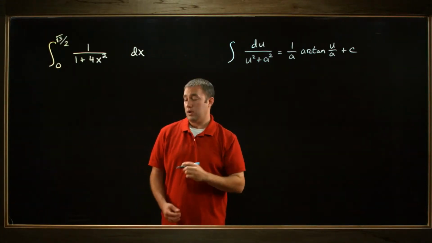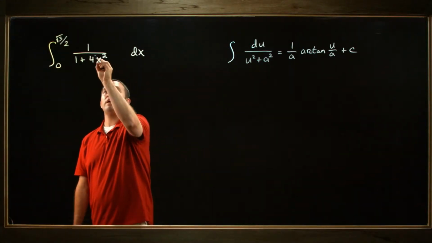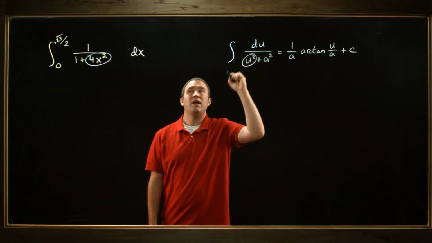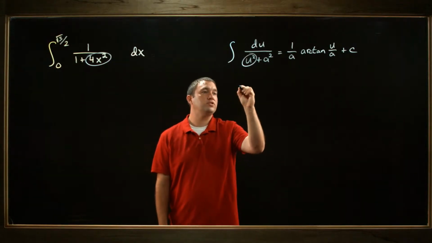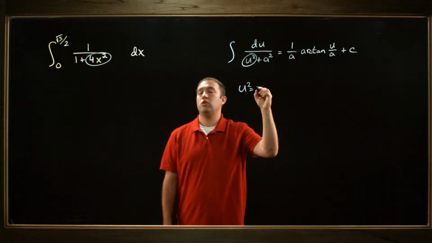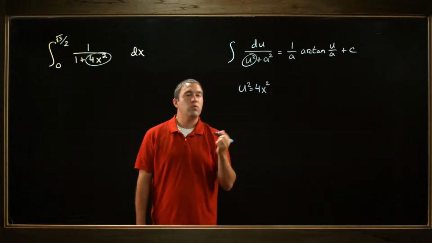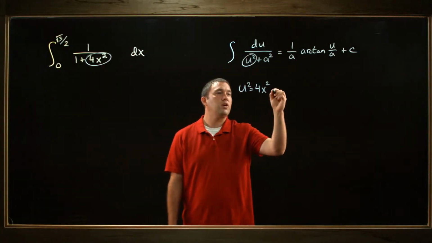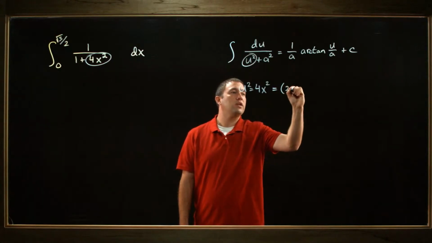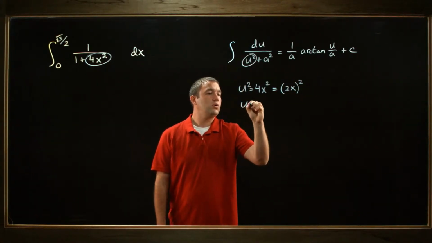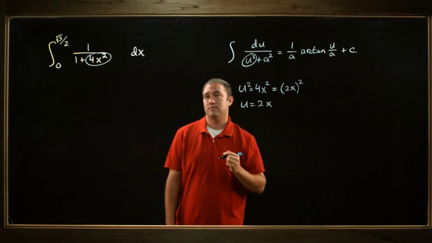If it is going to work, what do we know? We know that 4x squared has got to be the same as u squared. So let me write that equation down. u squared equals 4x squared. Well, I'm going to want to figure out what u is, so I could think of 4x squared as the quantity 2x squared. So u would then be equal to 2x.